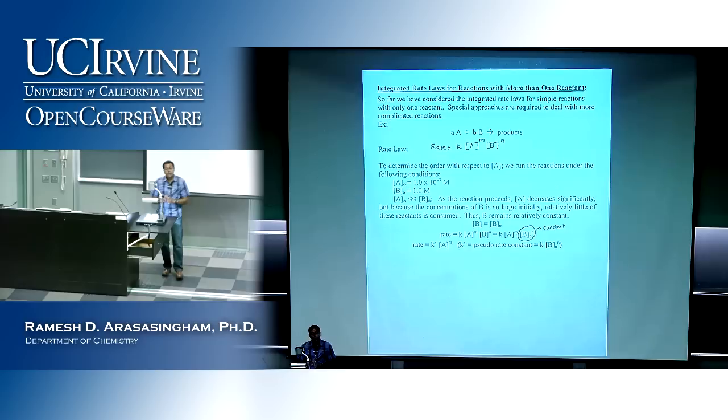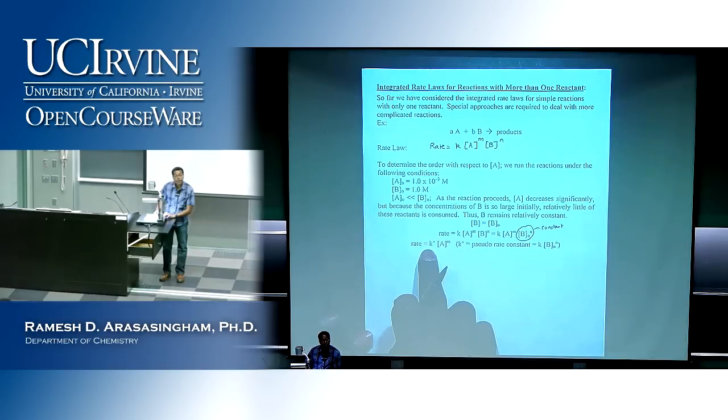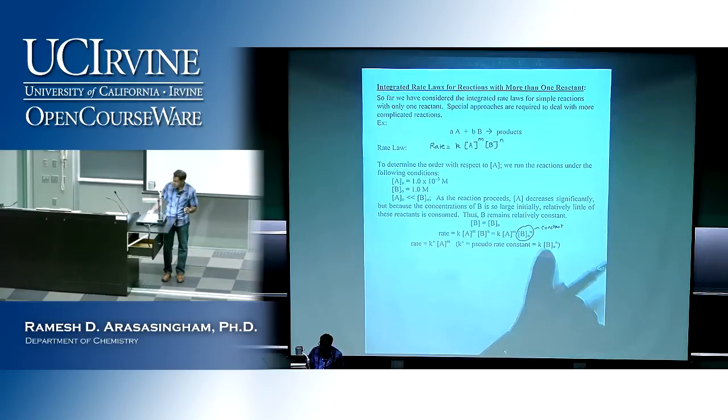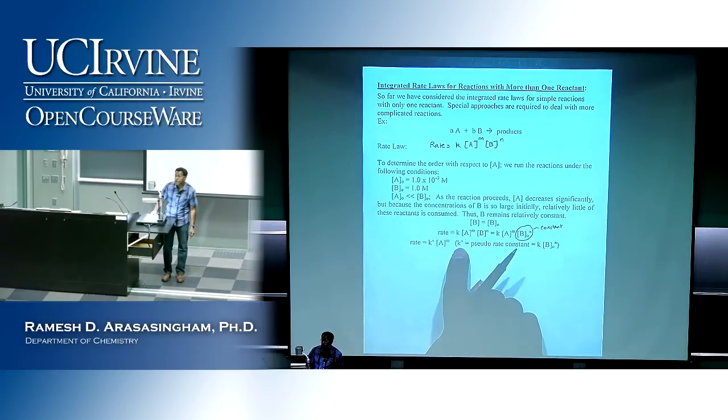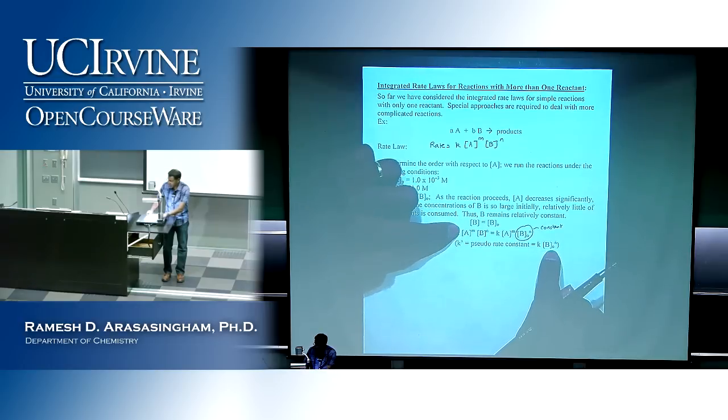Because this is a constant, I'm going to include it with the rate constant, and I come up with k prime, which is called the pseudo rate constant. It's not the real rate constant, but k prime is actually the real rate constant k times this constant, which is the concentration of B.